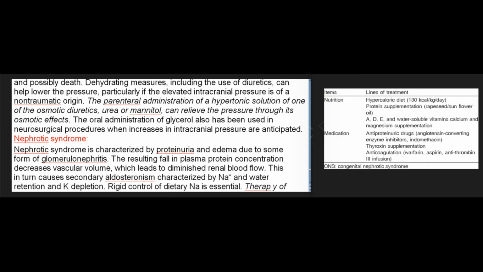Nephrotic syndrome. Nephrotic syndrome is characterized by proteinuria and edema due to some form of glomerulonephritis. The resulting fall in plasma protein concentration decreases vascular volume, which leads to diminished renal blood flow. This in turn causes secondary aldosteronism characterized by Na and water retention and K depletion. Rigid control of dietary Na is essential.